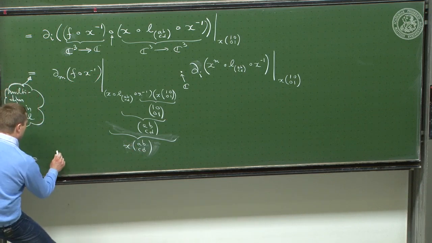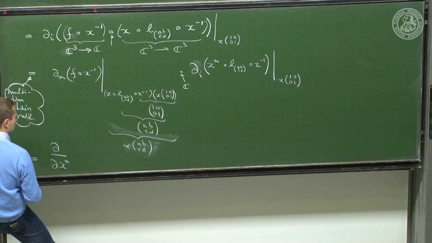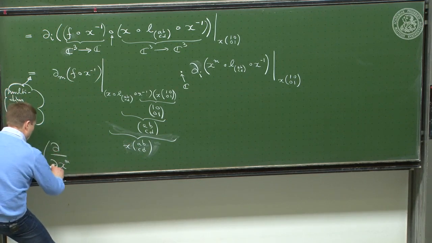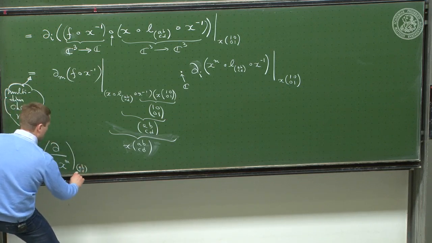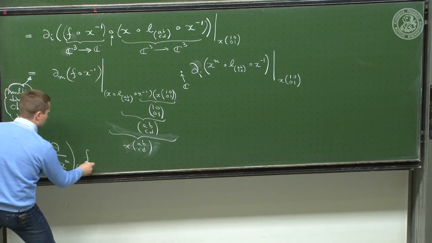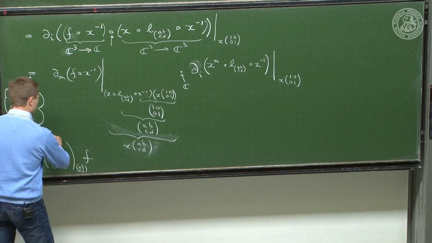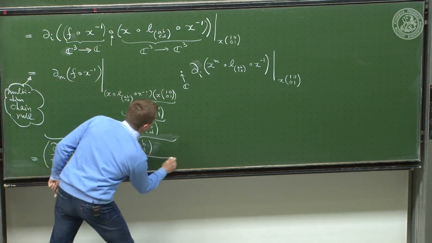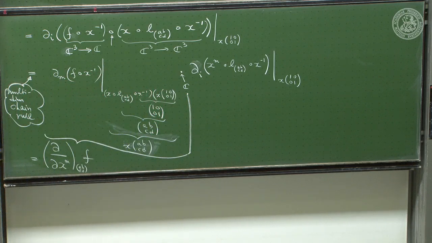Well, this is nothing but d by dx mth x at the point a, b, c, d acting on the function f. This is this first part. Do we agree? Up to here. This is this guy, right?